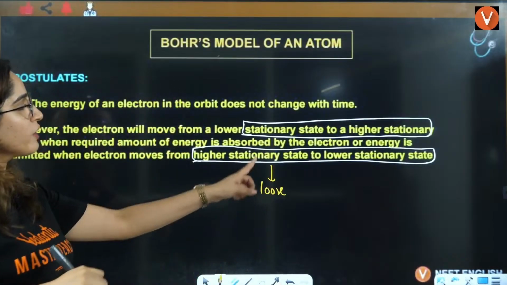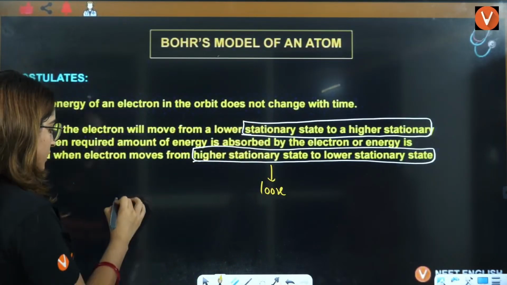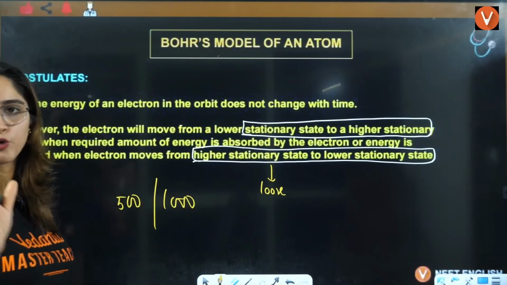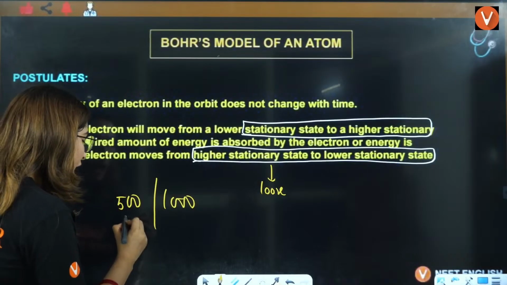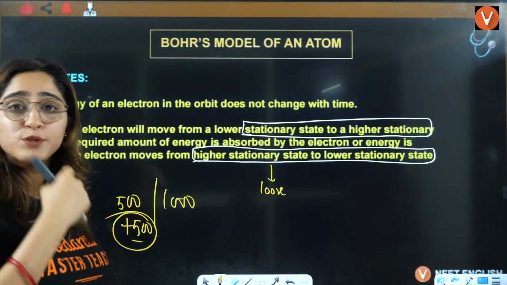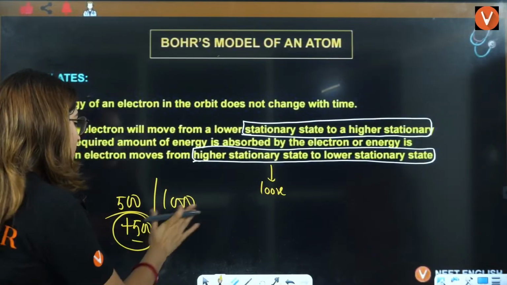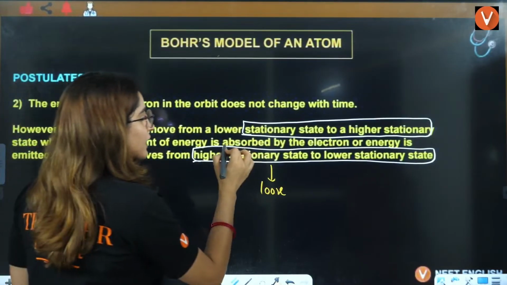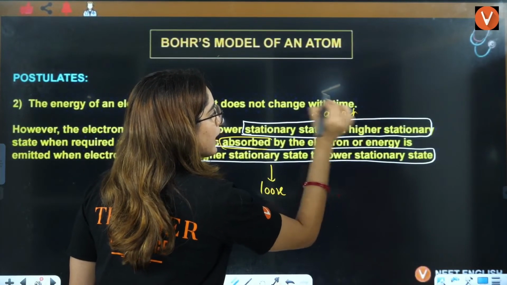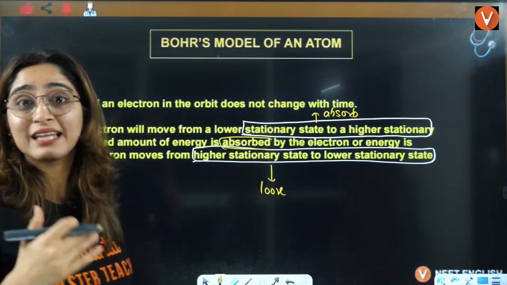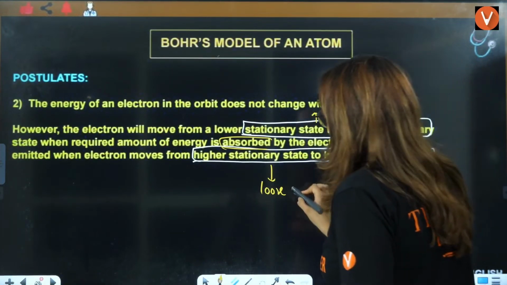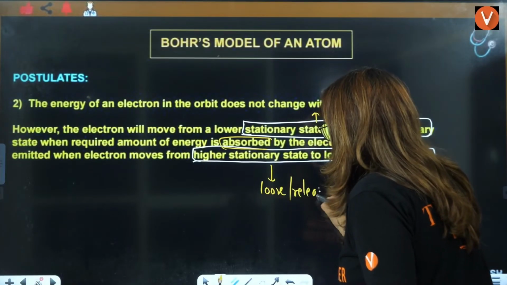Now, when it is going from lower to higher, here you have 500, and you are going to move towards 1000 rupees fees. Now, you will have to add 500 here. That means you will have to absorb 500 rupees, right? So that's why we are saying that in this case, it will absorb. It will gain that amount of energy. It will not lose, it will gain. Here it will lose, or we can also say it will release.